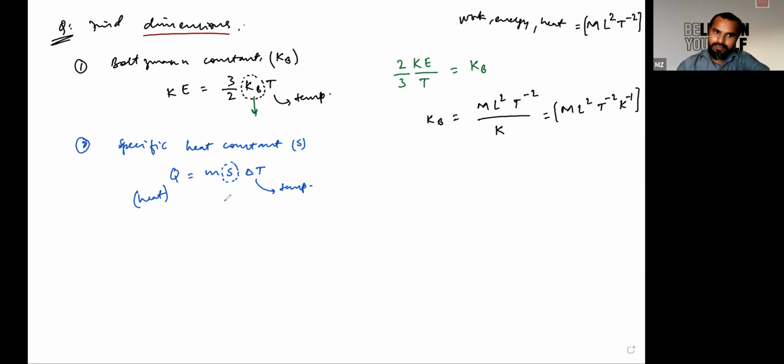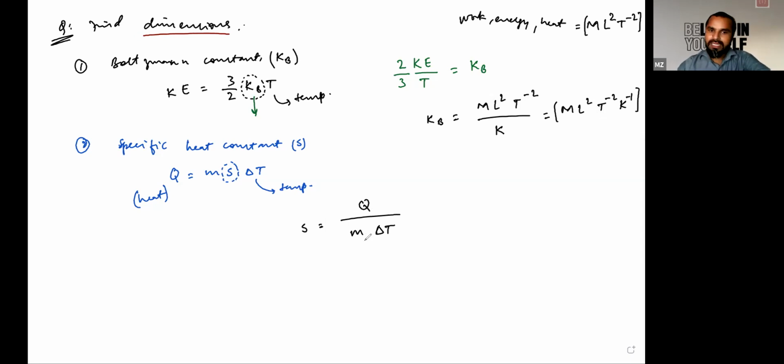Similarly, for this particular value of S, rearrange it. So bring this particular mass to the other side and delta T to the other side. It will be Q divided by M times delta T. Q is energy, which has the same dimension as work, heat, and so on.